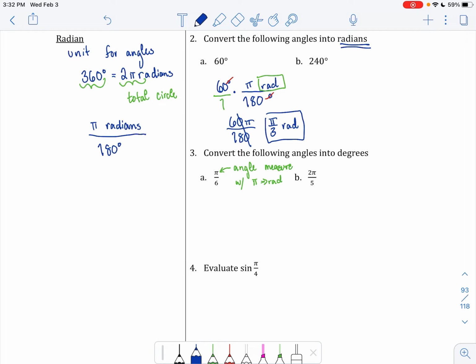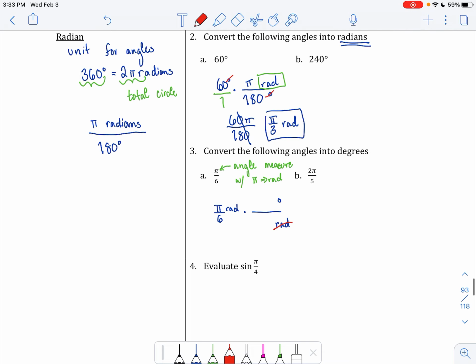So here we have pi over 6 radians, and we want to turn it into degrees. So I'm going to do the same thing here. The nice thing about radians is they're often fractions, so you just leave it as the fraction, radians. And then I multiply by the conversion factor, degrees and radians, so they cancel out.